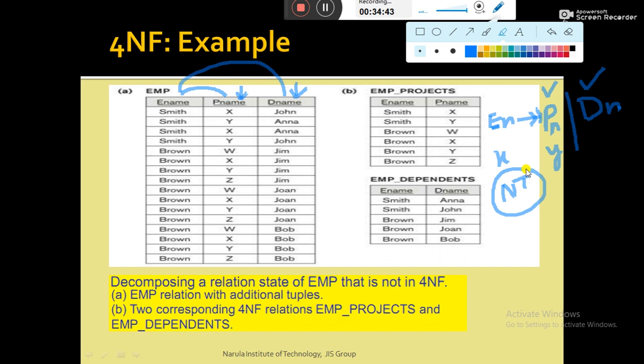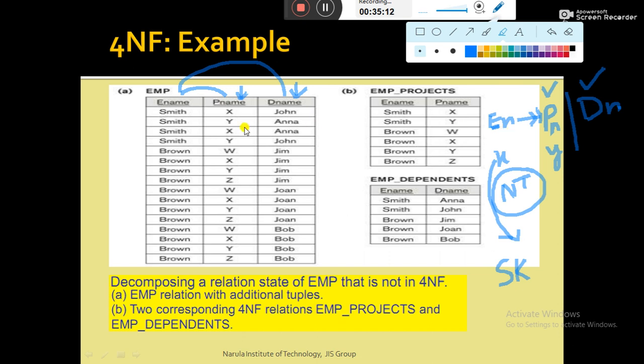So the relation EMP will be in 4NF if X is a super key. If it is a super key, I am writing in short SK for super key, then only we can say that EMP is in 4NF. So let's check whether EN, X, is a super key or not.